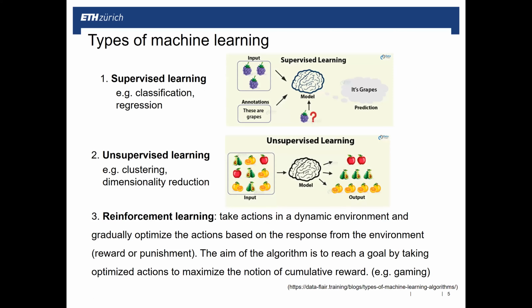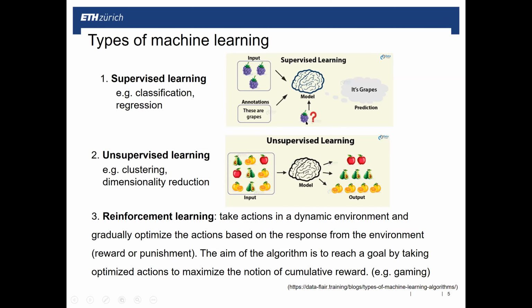Normally there are three types of machine learning method. First is called supervised learning. That means every time you provide an input, you need to give an annotation, so each input corresponds to an output. The machine will learn from this input and output to get a mathematical model, and based on this you make the forecast for new data.